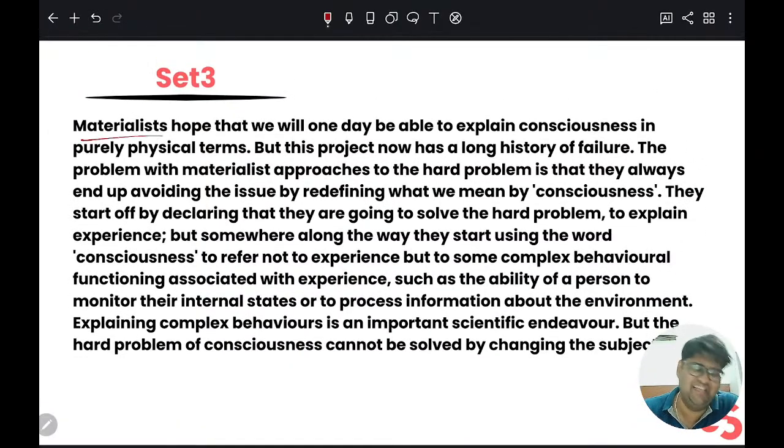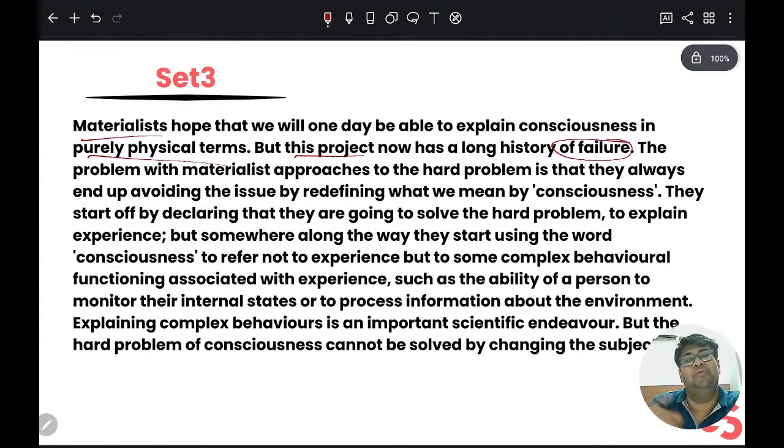Materialists, the people who are based on evidence, try to explain consciousness in purely physical terms. They will say this is what consciousness is, this is the experience. But this project now has a long history of failure. It has gone on for so long, but it keeps failing.